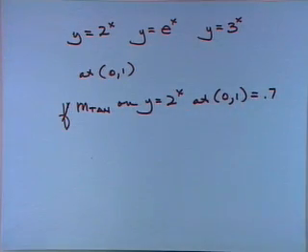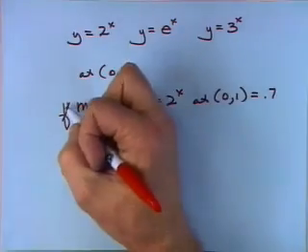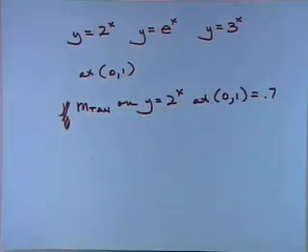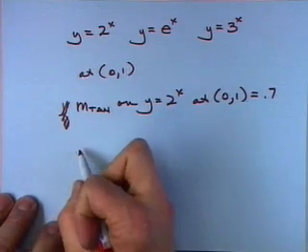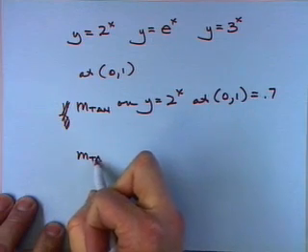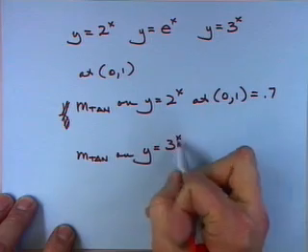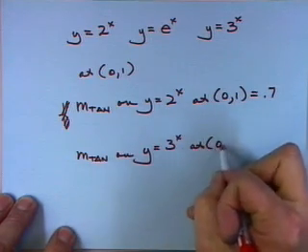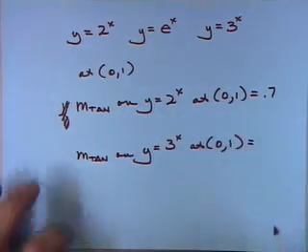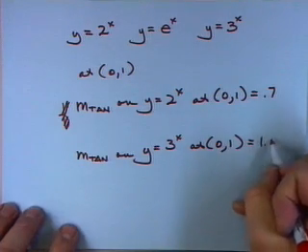So if I were to draw that graph and the slope, this is just an error on my part. I was going to use a different notation, but then I realized we haven't covered that yet, so I better not use that notation. Slope of the tangent on this function at that point is 0.7. The slope of the tangent on y equals 3 to the x at this point is 1.1.